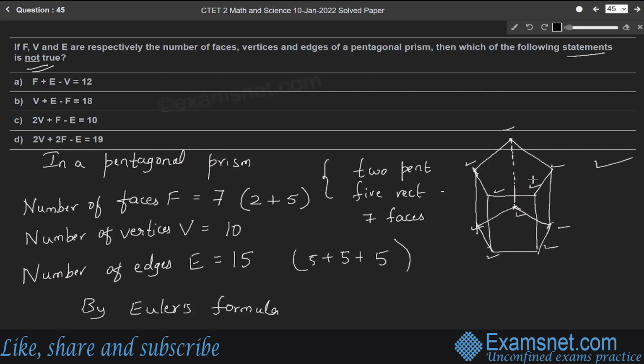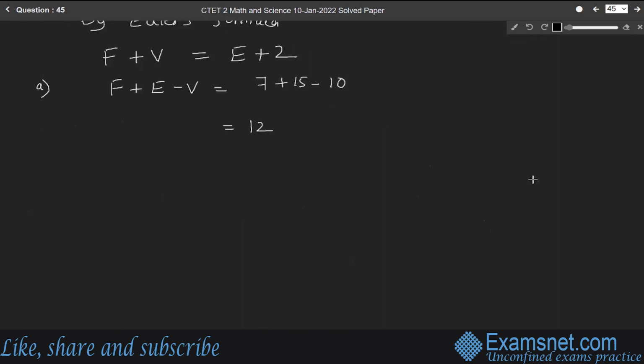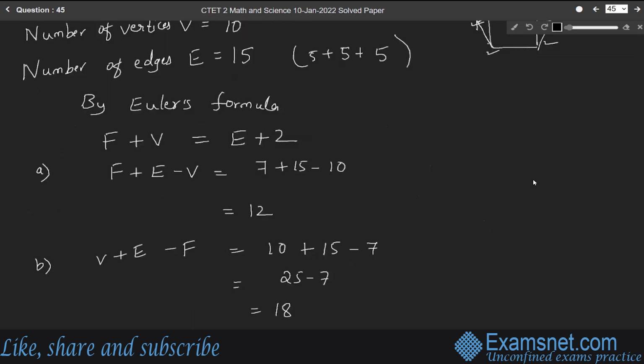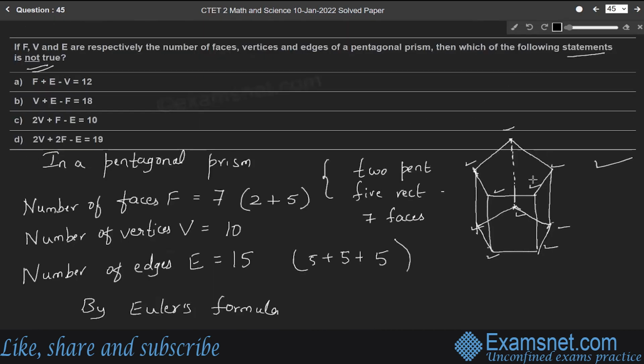So check with option B. V plus E minus F. So number of vertices 10, number of edges 15, minus F is 7. Therefore 25 minus 7, which is equal to 18. Therefore, option B is also correct.